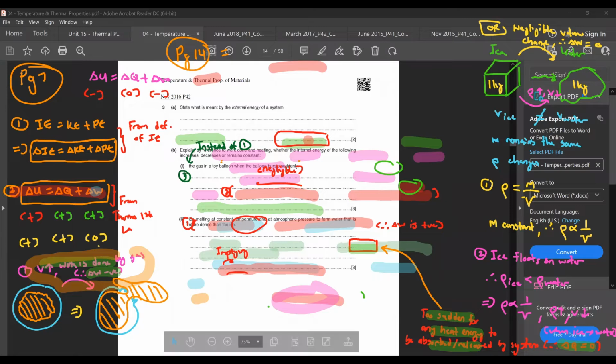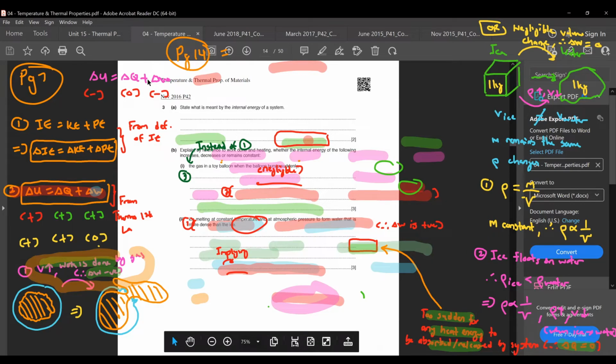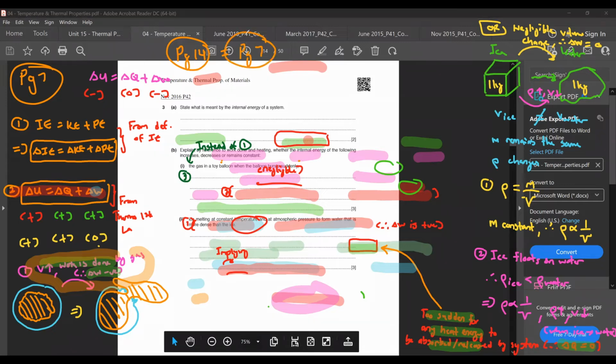You will notice that this question in page 14 is actually similar to that in page 7, which you just done. It's just that the wordings are slightly different, but they're still talking about the same concept. Okay, so the one in page 14, you can probably do it as something like your homework. Okay, because it's still talking about the same thing as page 7.